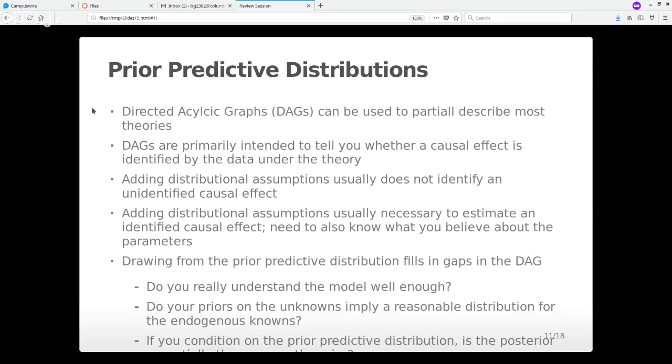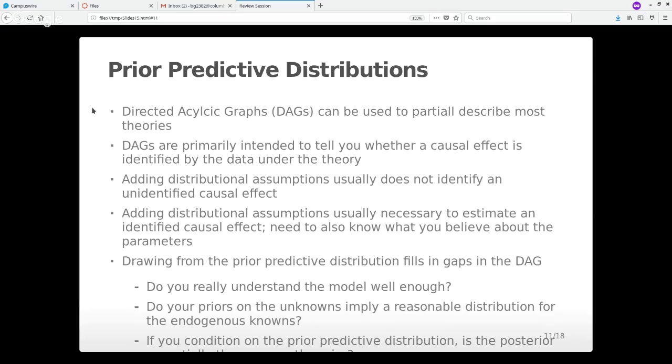So one of the things you might want to do is evaluate whether your priors on the unknowns and the distributions you used there imply a reasonable distribution for the endogenous known. And this, I think, is one of the main responses to people who say, well, how could you ever know whether your priors are good or reasonable?